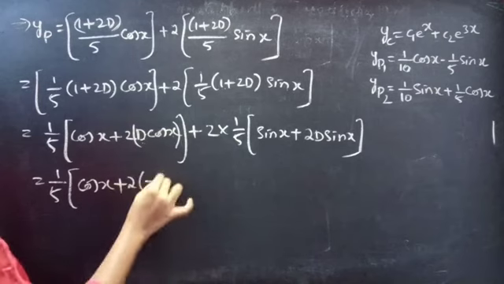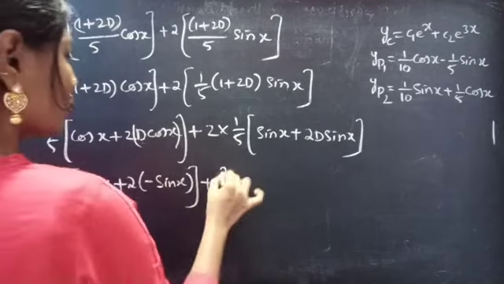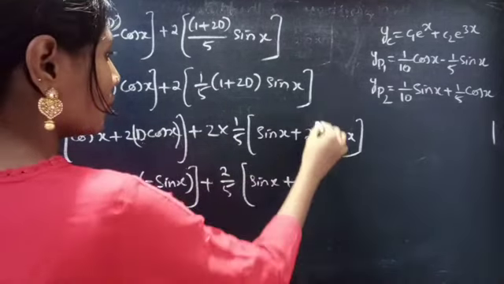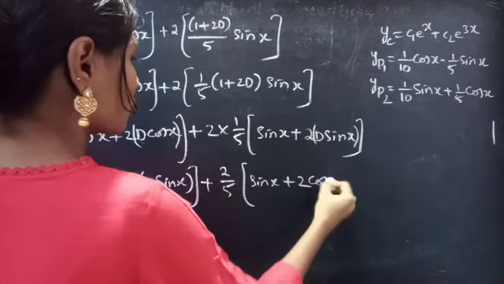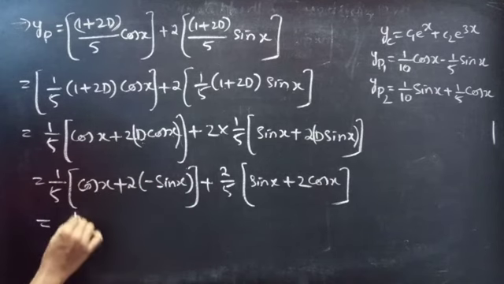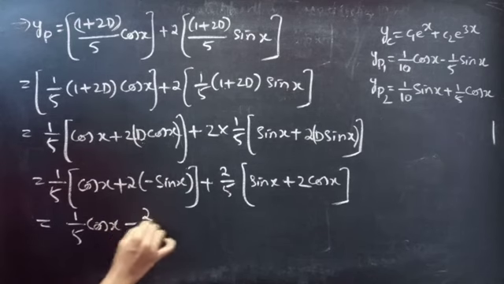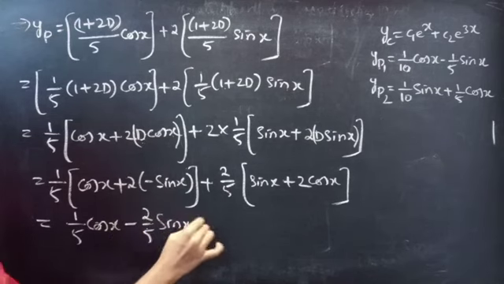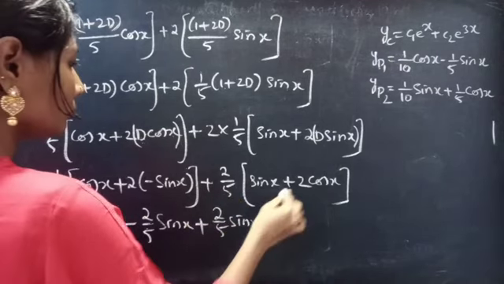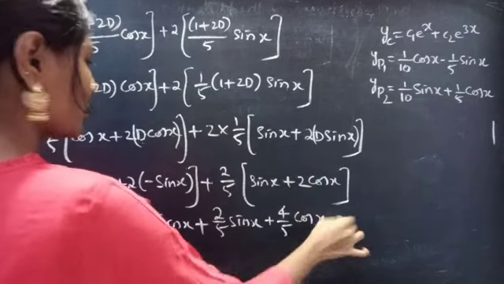We'll get 2 into minus sine x, plus 2 by 5 into sine x plus 2 into the derivative of sine x, which is cos x, is equals to 1 by 5 cos x, plus minus 2 by 5 sine x, plus 2 by 5 sine x, plus 2 2s are 4 by 5 cos x, right?